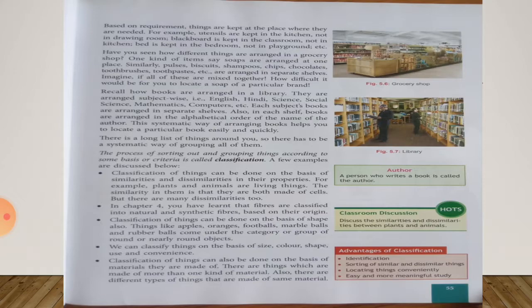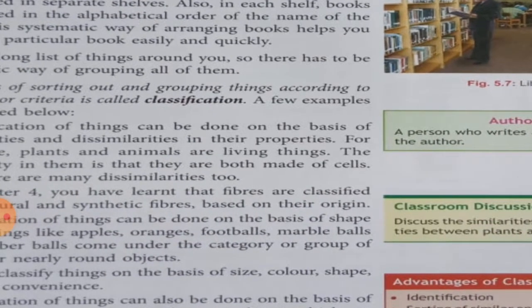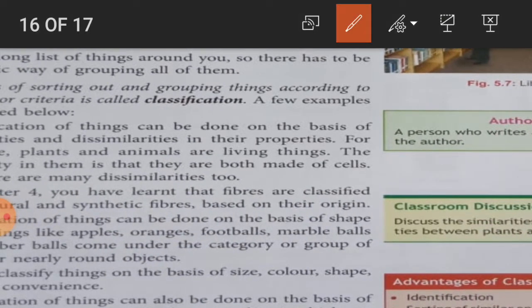Now the second point. In chapter 4, you have learned that fibers are classified into natural and synthetic fibers based on their origin. Here you have to underline origin. Origin means source.